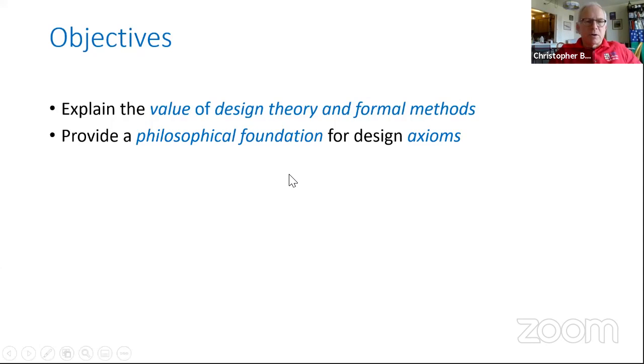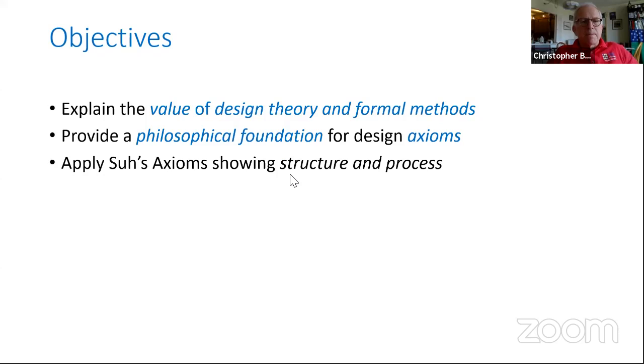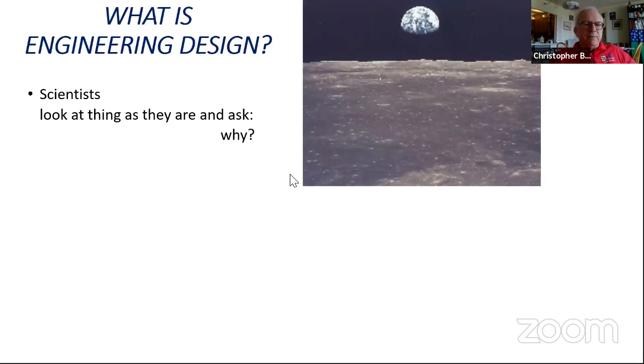Do I have control of my computer? All right. So we want to take a look at a philosophical foundation for this, which is something we don't often try to do. And we want to show how we can apply these axioms to the structure and process of design.